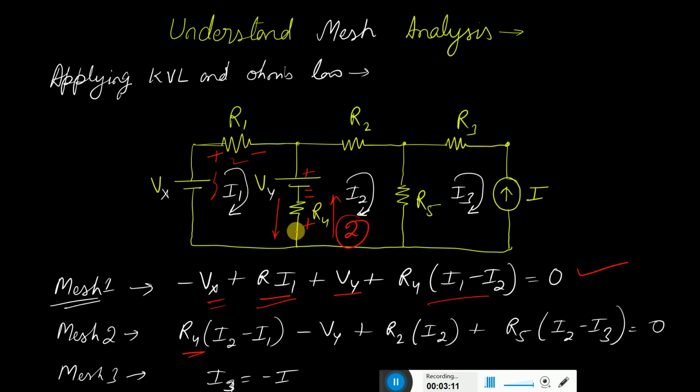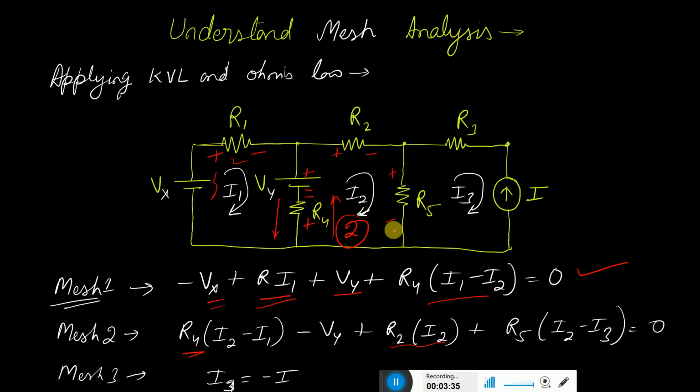So net current into R4. Then as you move up you get a negative sign, so minus Vy. Then going forward in the clockwise direction you find a plus sign again, then R2 multiplied with I2, since your reference is I2 in mesh 2.